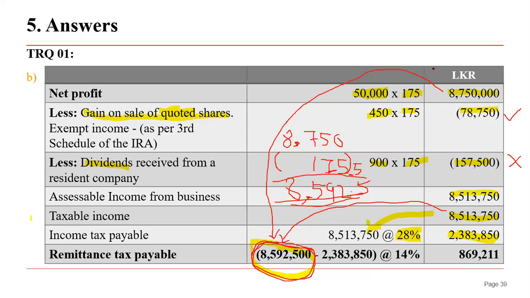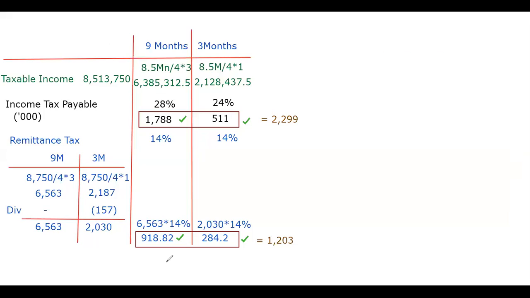869 is remittance tax. Sorry, there is one more adjustment we need to do. I forgot that one. Before calculating the remittance tax, you need to deduct this income tax part.